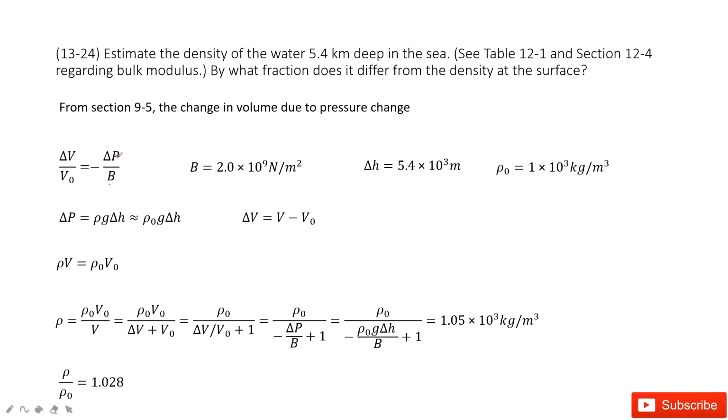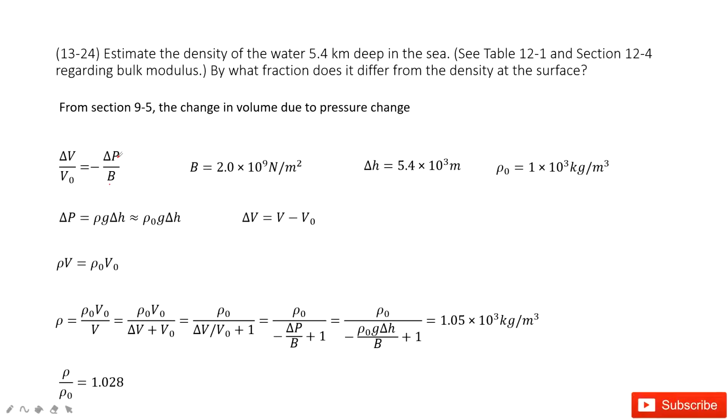Now consider a bunch of water. From the surface to 5.4 kilometers deep in the sea, we move the water from the surface to the bottom. What changes, or what does not change? Mass, right? The mass will not change.